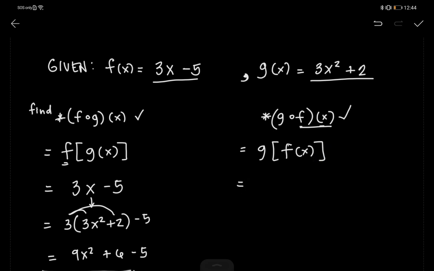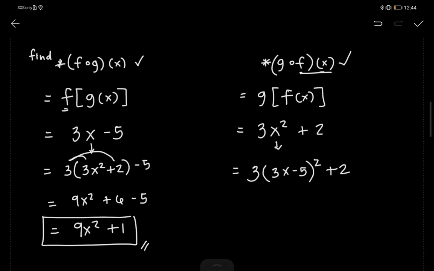In this case, we have to write first the value of our g function, which is 3x squared plus 2. Here in our x, you have to write the value of your f function. So therefore, this will look like this: 3 times f of x, which is 3x minus 5, then squared, plus 2.